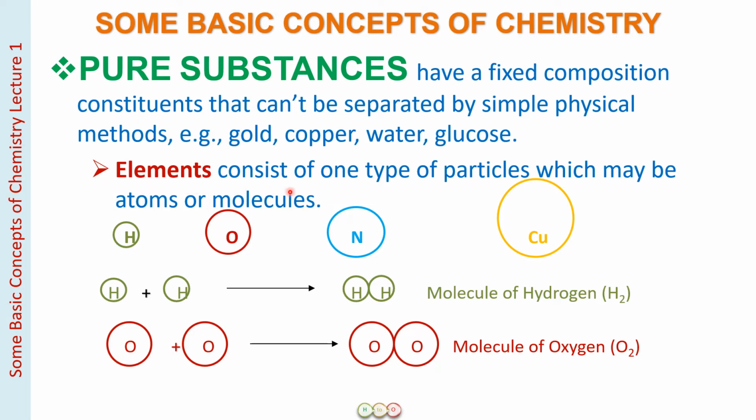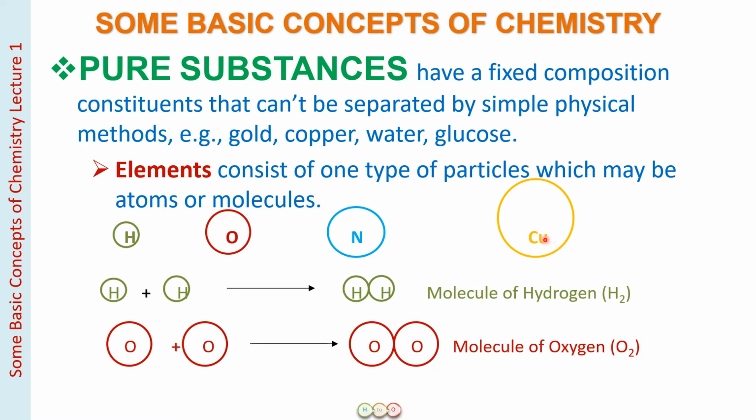Elements consist of one type of particles, and they may be atoms or molecules. The elements copper, gold, sodium, potassium all consist of one type of atoms. The whole element is going to consist of millions and millions of atoms.